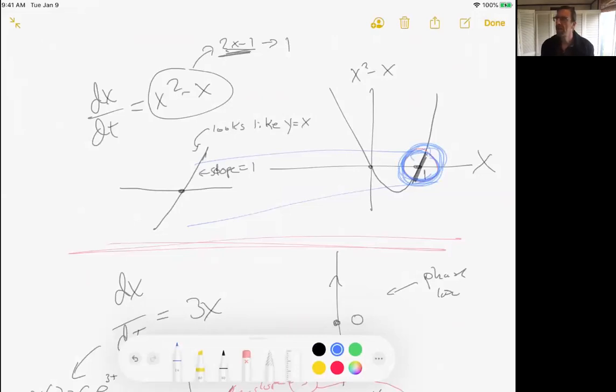Solutions near that point behave just like solutions to this system. So we've linearized the system by replacing it with a linear system whose slope is the derivative of the original system, because the derivative tells you what line it looks like.